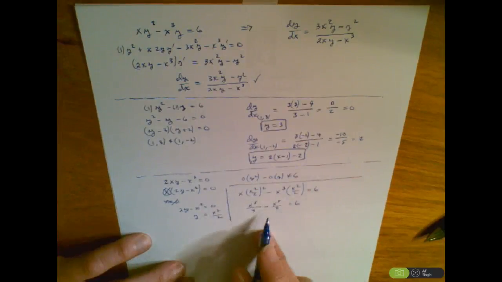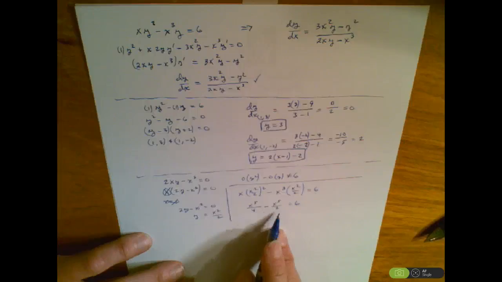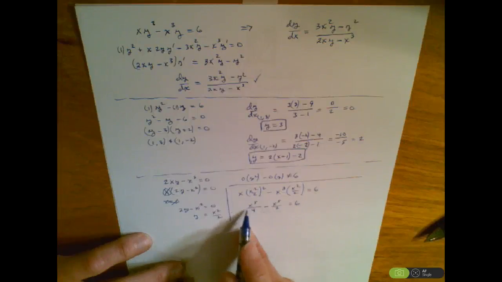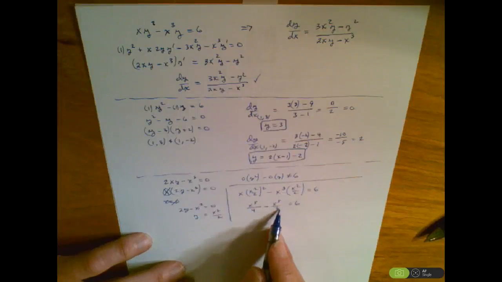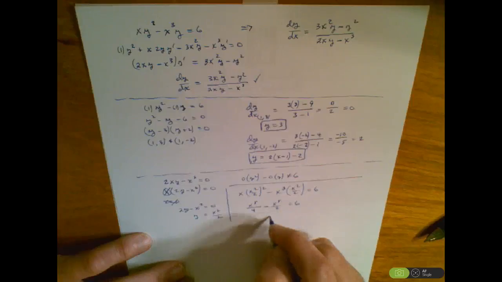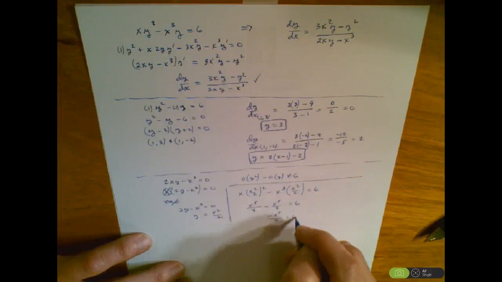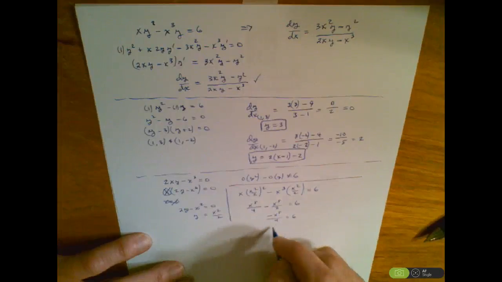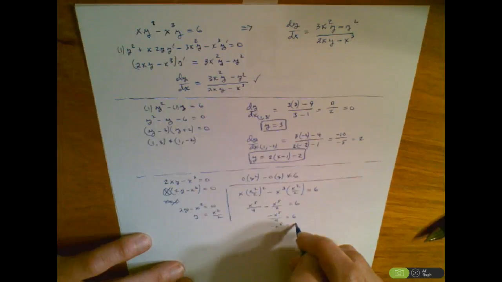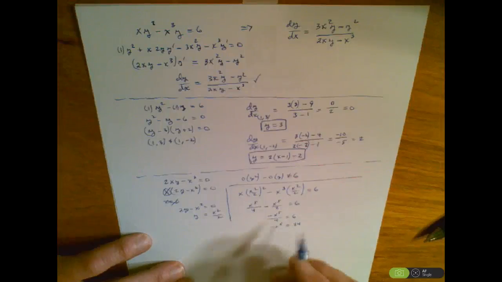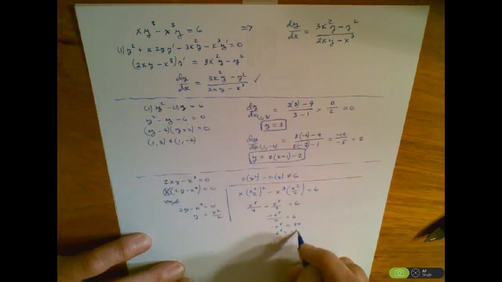You notice I can go ahead and use a common denominator, and I'll notice that this is 2 over 4, and so I get a total of negative x to the 5th over 4 is equal to 6, and so therefore negative x to the 5th is equal to 24, and then x to the 5th is equal to negative 24.